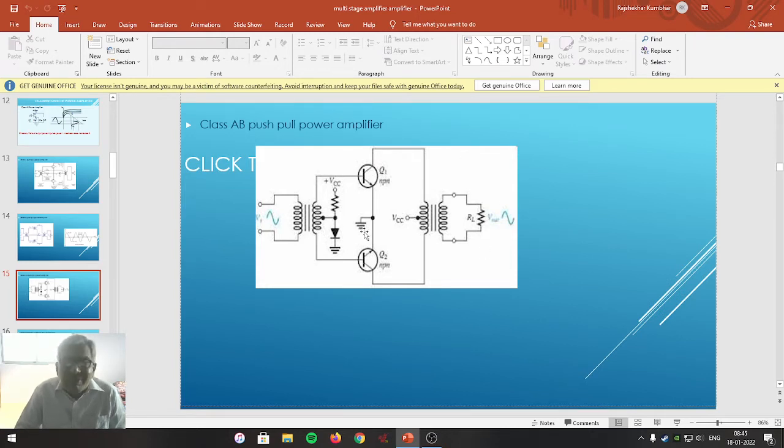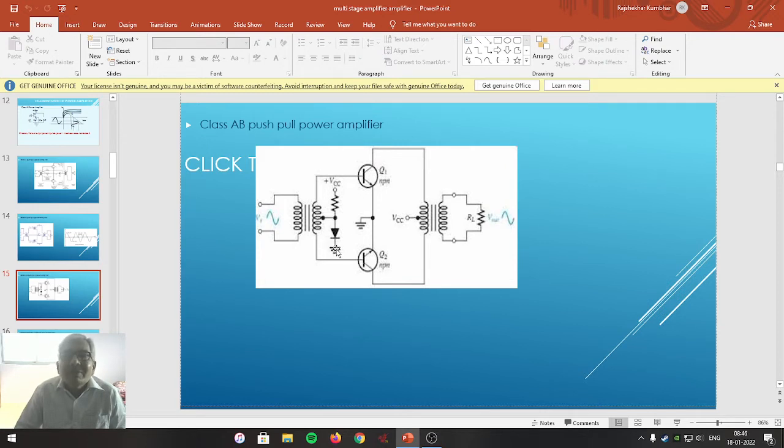This adjustment of the operating point in between class A and class B is done by using additional circuitry in the class AB push-pull power amplifier, by means of a resistance R and diode D, which are connected between ground and VCC. The center tapping of the resistor and diode is connected to the center tapping of the secondary winding of the input transformer.